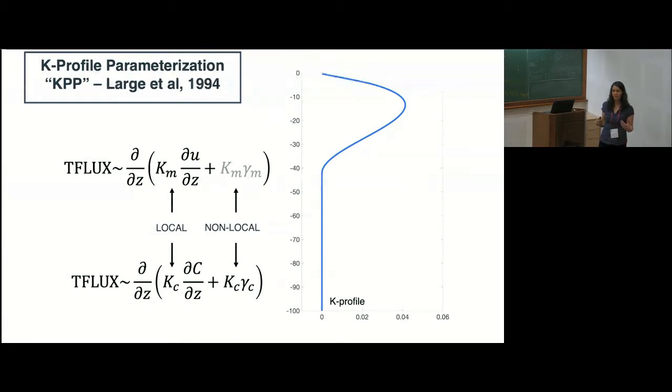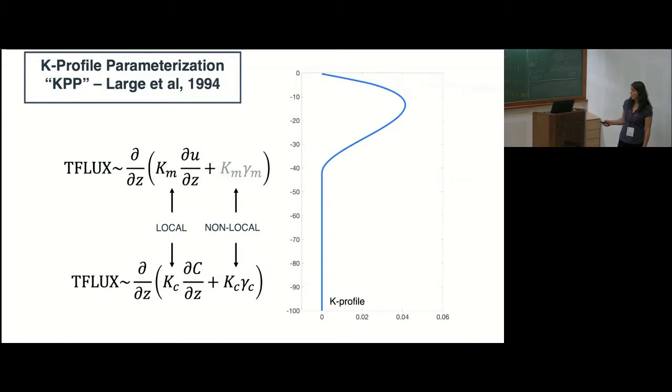But it's trying to be a little bit more precise in capturing the behaviors of turbulence in the mixed layer. And so it's going to take this turbulent flux of momentum and turbulent flux of scalars term, and it's going to define it using an eddy viscosity.